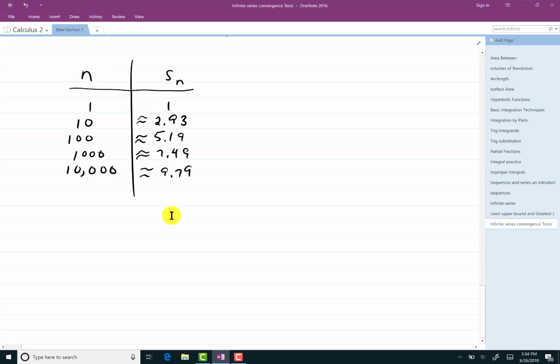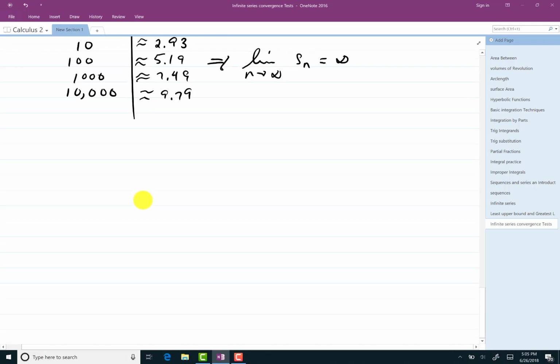So what happens is that the limit as n goes to infinity of S sub n equals infinity, because the S sub n's are not bounded. These keep creeping up slowly and slowly, but they do keep creeping up. And so while this goes to infinity kind of on the slow side, it will go to infinity eventually.